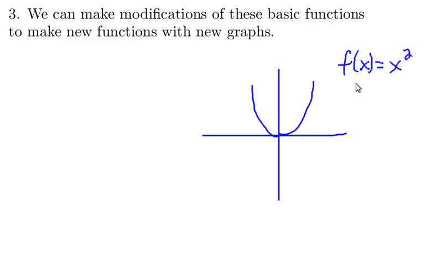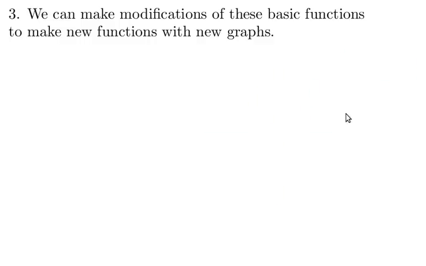Any parabola that opens up or down is actually a modification of this. Every single parabola that opens up or down can be somehow related back to this equation. I know that might sound strange, but that's actually true. So today we're going to be talking about the shifting modification.